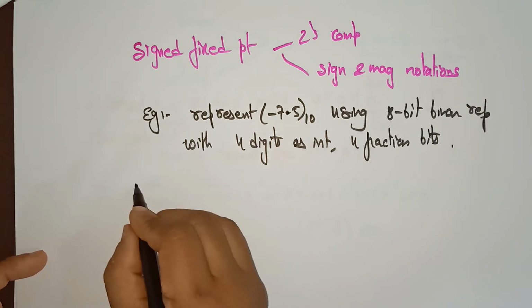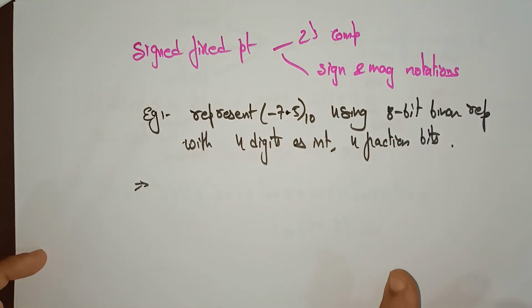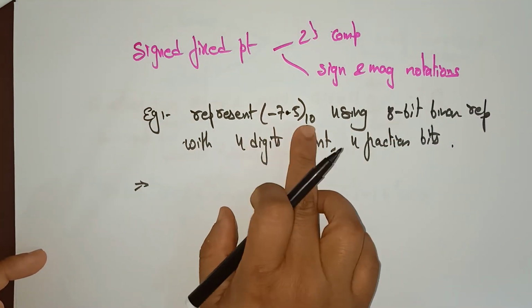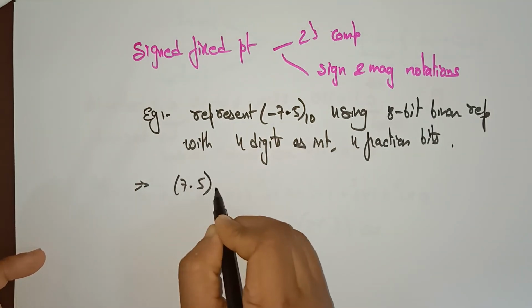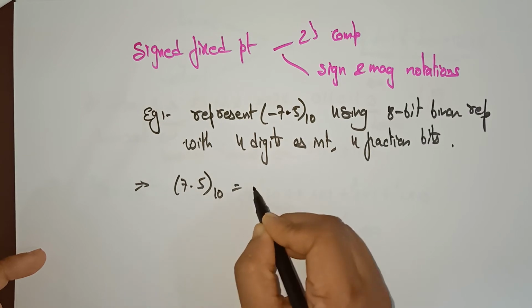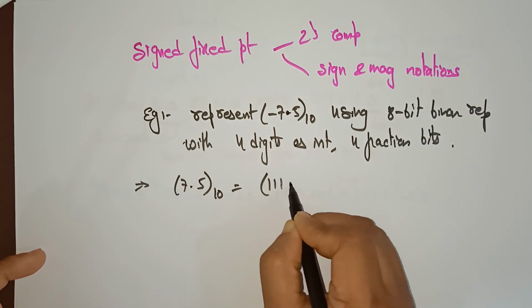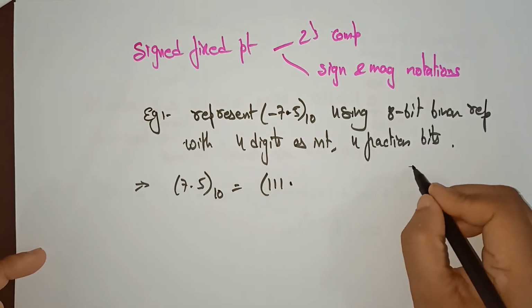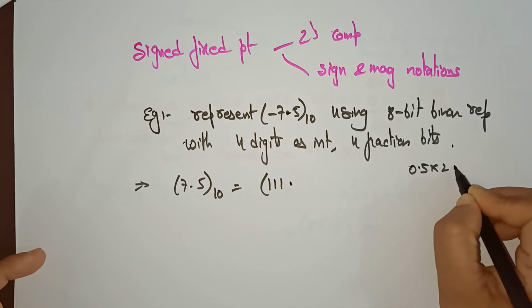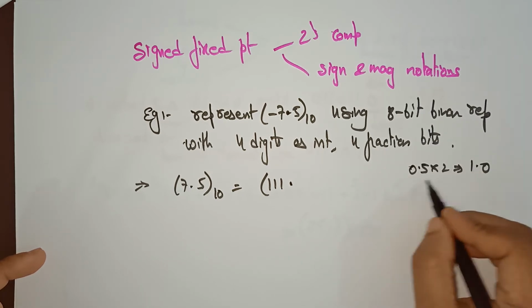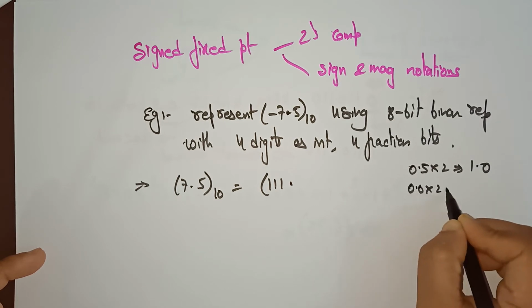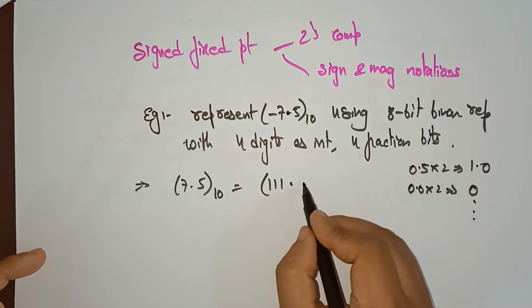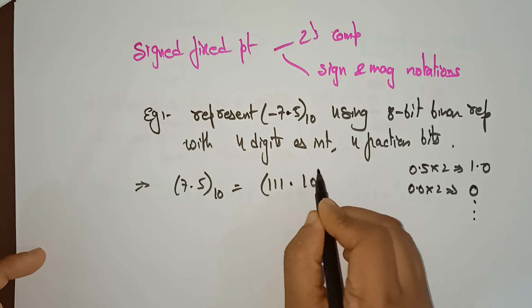First of all, convert this number into a binary number. But here they have given a signed number, so first forget about the sign and just take the positive value, 7.5. 7 means 1, 1, 1. And what is the .5? For the decimal part, you calculate: 0.5 into 2 gives 1.0. Take only the integer part, 1, and the remainder 0.0 into 2 gives 0. So you get 1, 0.